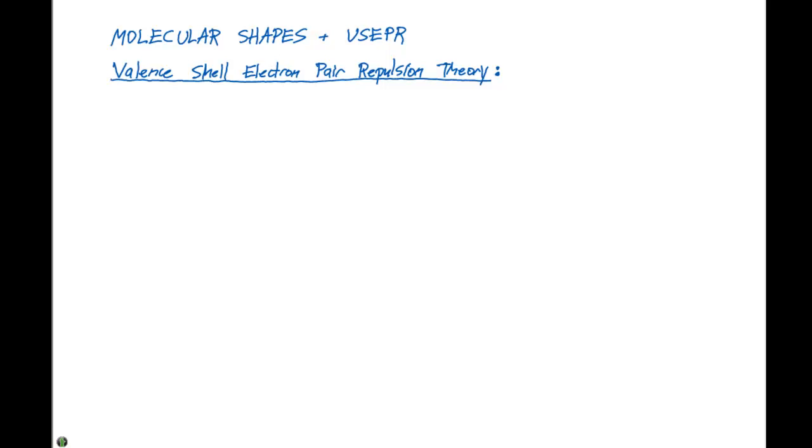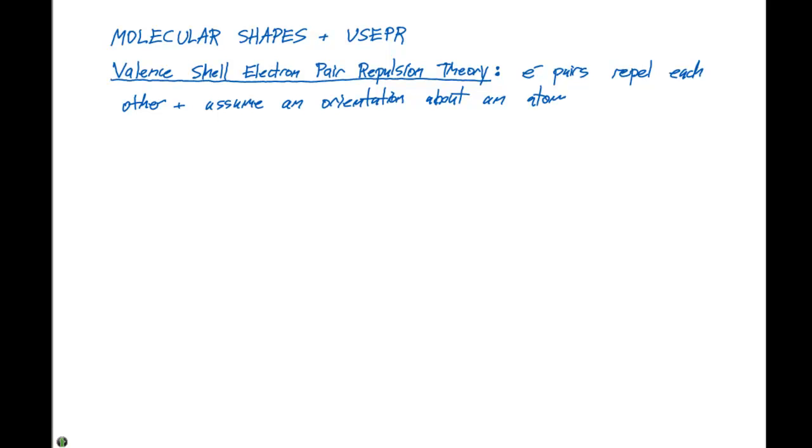And this is what VSEPR theory is going to tell us: that electron pairs repel each other and assume an orientation about an atom to minimize repulsion.